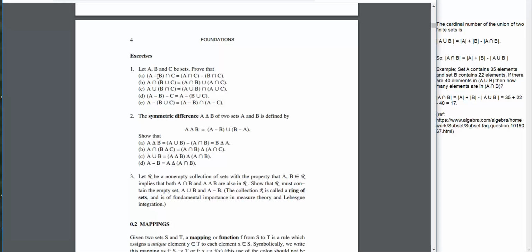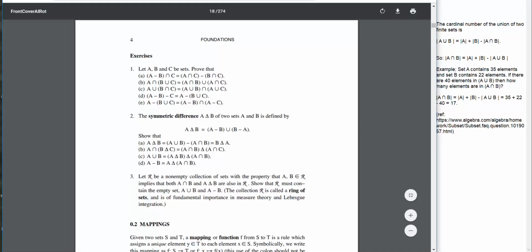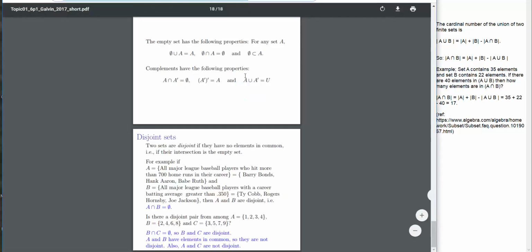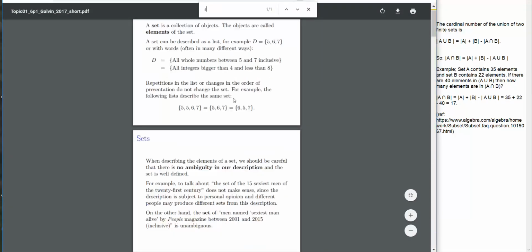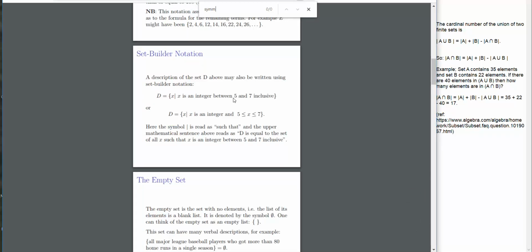We could also work on proving these rules. But let's see what the symmetric difference in sets is. See if this summary has anything about symmetry. Nope, nothing on there.